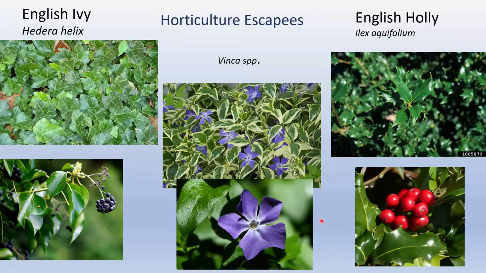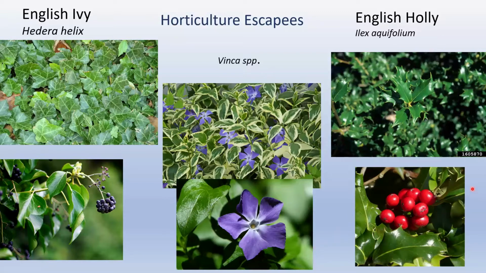Vinca species, there are several kinds of vinca. This is not super aggressive in the wild, but I'll be out in the woods and I'll find it in patches. It's one of those that you got to watch. It's a ground crawler, climbs over things.